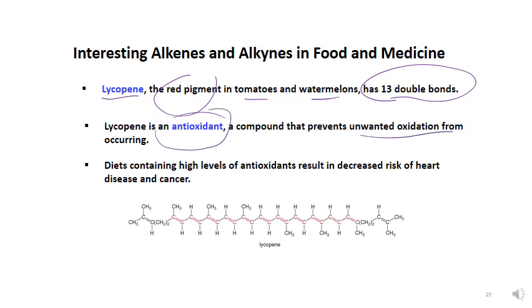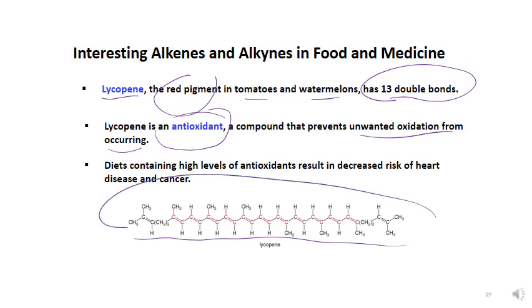Prevents unwanted oxidation from occurring in your body. Oxidation occurring in your body is basically aging or taking out cells that you don't want to be taken out. So eating that stuff is good. That's what lycopene is. Look at all those double bonds. So that's why you want to eat that stuff.